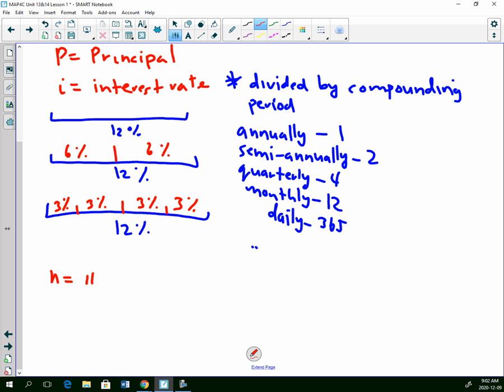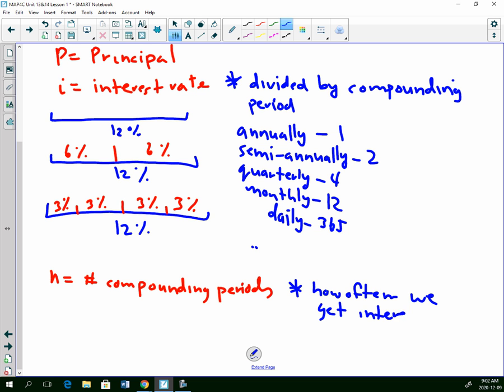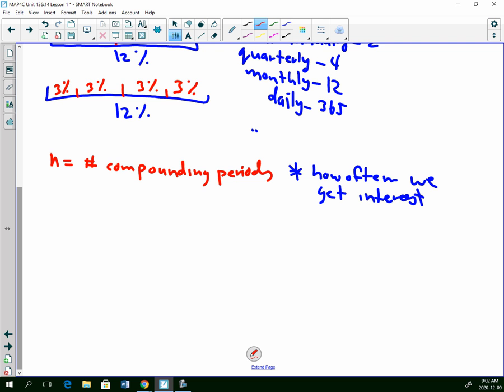The N is the number of compounding periods, which means how often we're getting interest. So for example, I could get quarterly for 5 years, would be 4 times a year for 5 years.